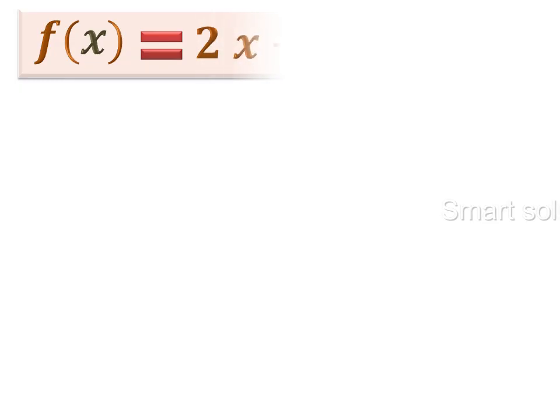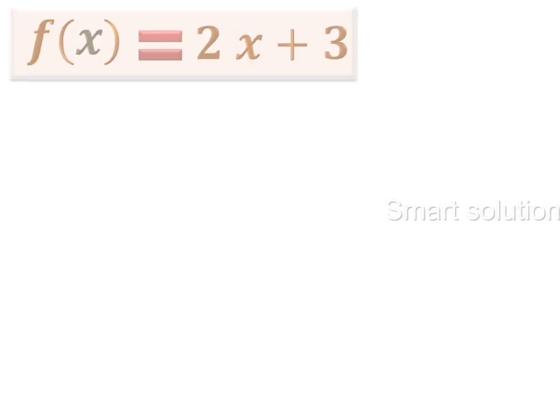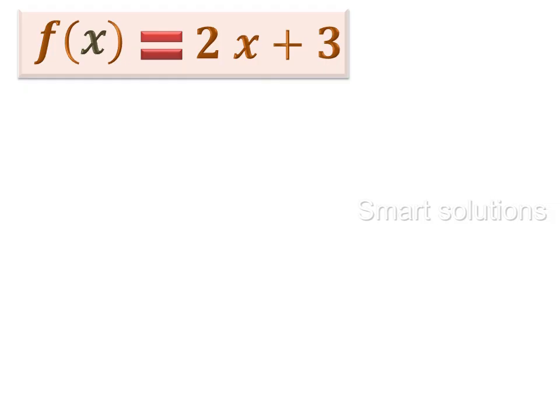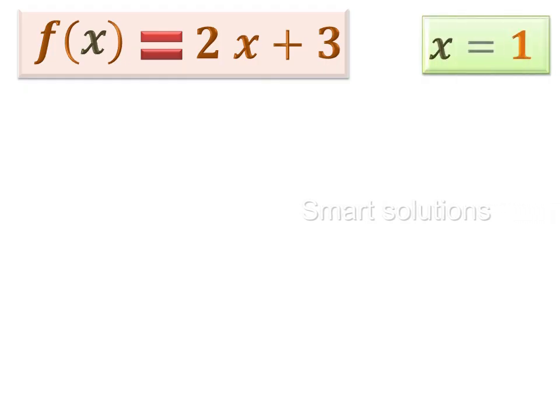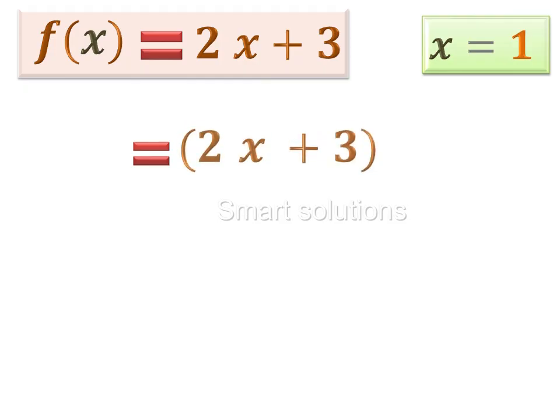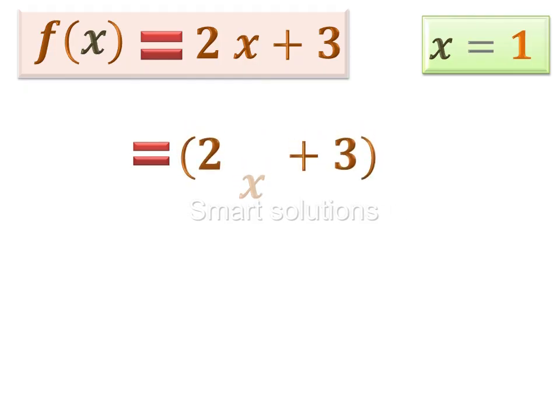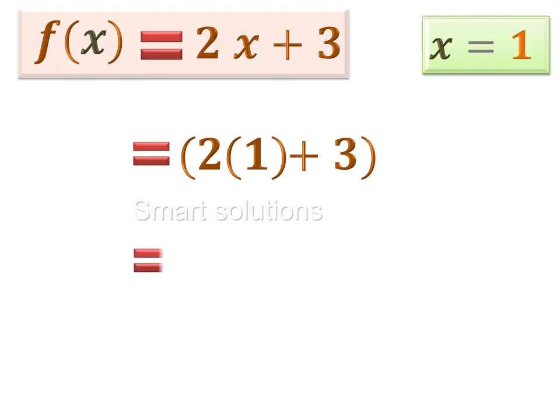Let's take an example. Here, the function f of x is equal to 2x plus 3 is defined at the given point x is equal to 1, and its value is 5.